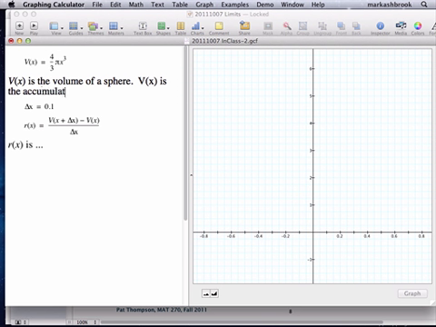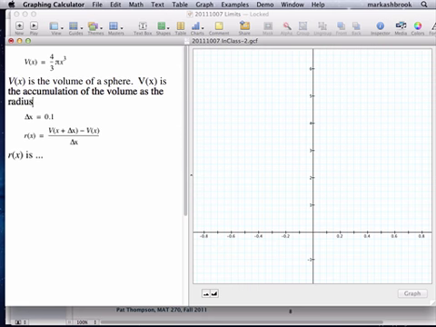It's the accumulation of the volume at x as x, which stands for the radius, increases from 0 to x. Okay, so I've got delta x set at 0.1 here.